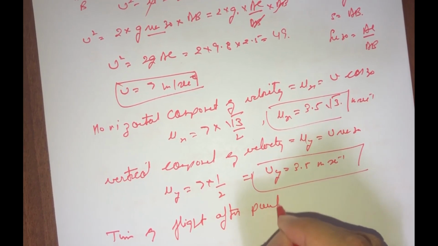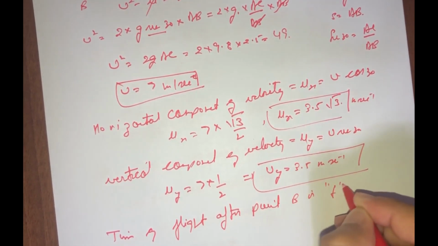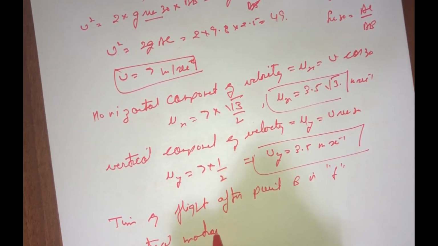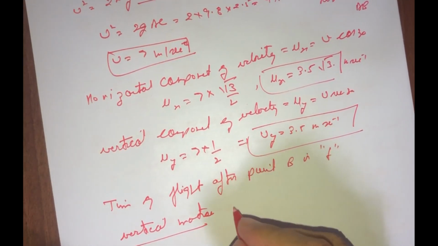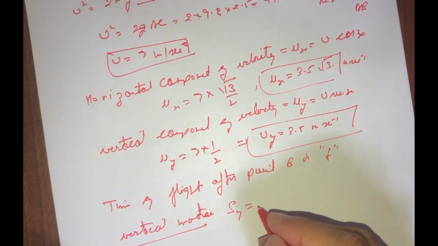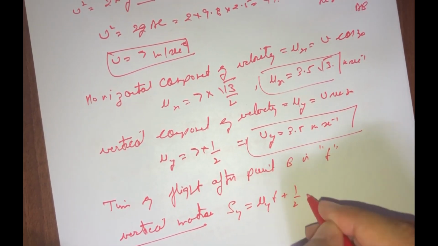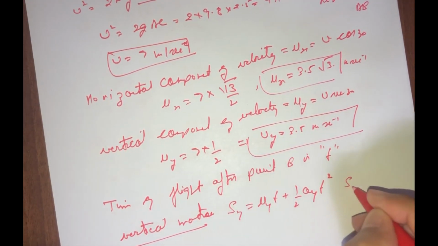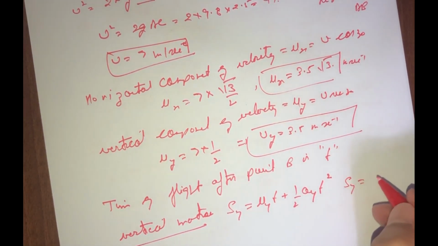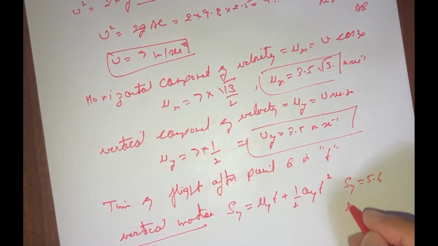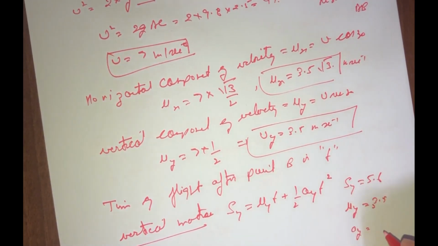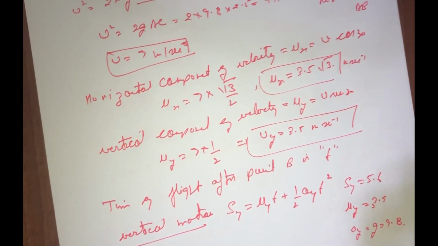Then considering the vertical motion, we get sy is equal to uy t plus half a t square, where sy is the distance in the y direction, that is 5.6. uy we already calculated is 3.5, and acceleration in y is g, that is 9.8.